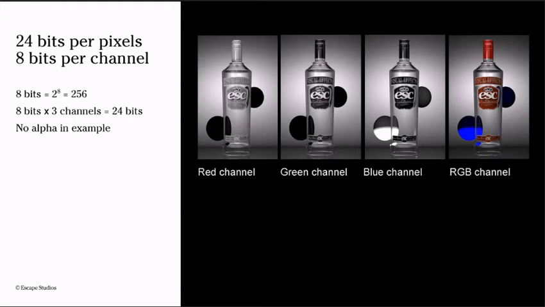Now it's worth having a look at these separate channels. We can see in the first one, the red, the ESC of escape on the bottle is in white, it's got a high value, as does the top section where you unscrew the bottle. Now in the green channel, again the ESC has high values because the ESC is in white, so it's got high values in the red, the green and the blue.